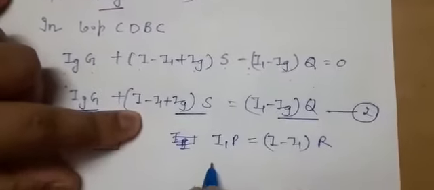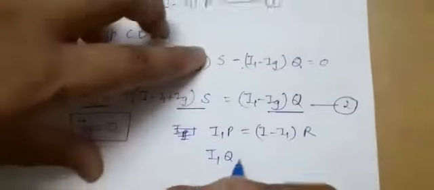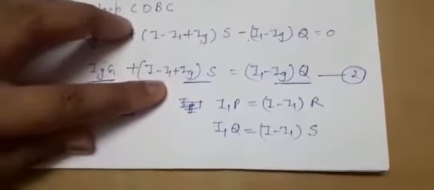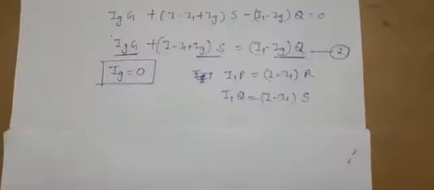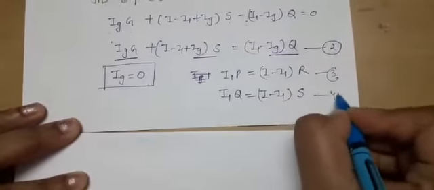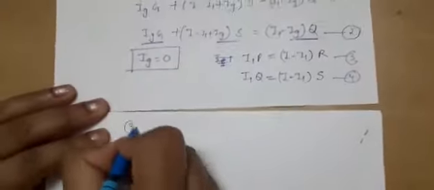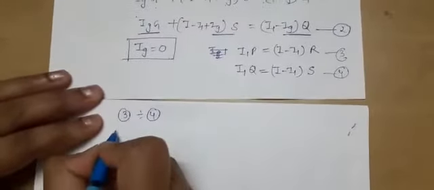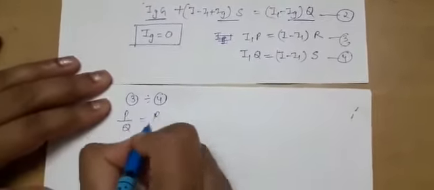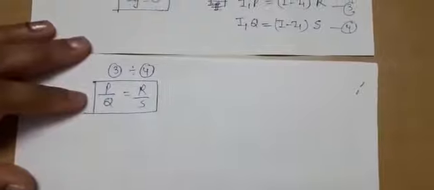Here you will get that I1 into Q equal to I minus I1 into S. So now, let this be 3 and this be 4. Divide equation 3 and 4, what we are getting is that P upon Q is equal to R upon S. Either we can also write it as P upon R equal to Q upon S.